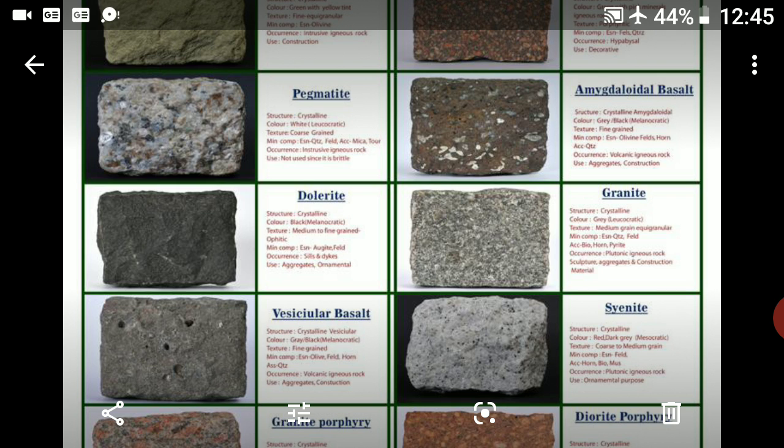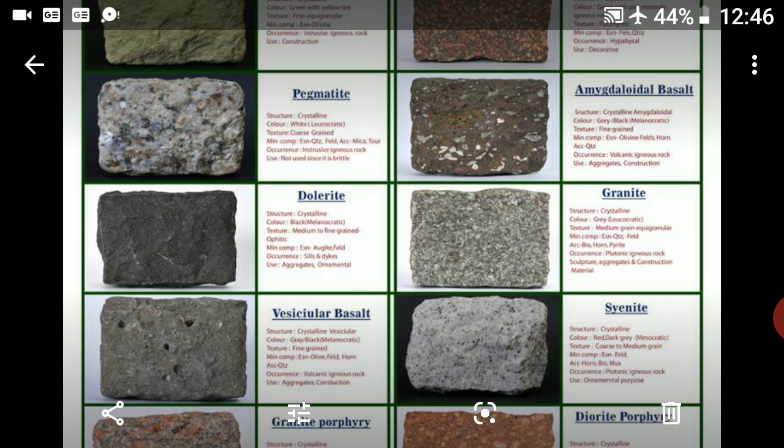Mineral composition: essential minerals are quartz and feldspar, and accessory minerals are mica and tourmaline. Occurrence: intrusive igneous rock. Use: this will not be used, pegmatite, because it has high brittleness.